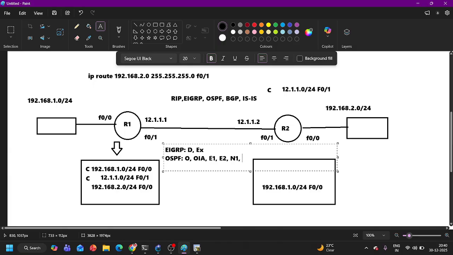N1 route, N2 route. So these are the components of the routing table which we are going to learn in upcoming classes. In BGP, again you will have routes with the B symbol, right? So that depends on the protocol. Let's say I have configured OSPF, so O.